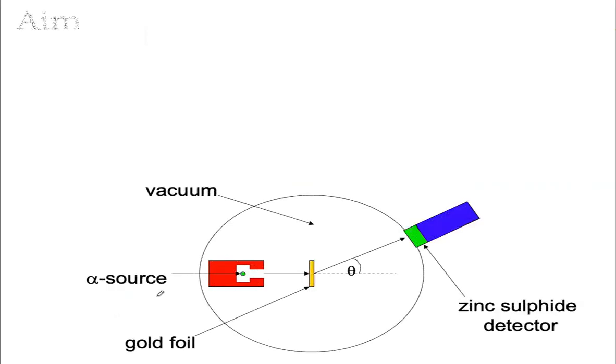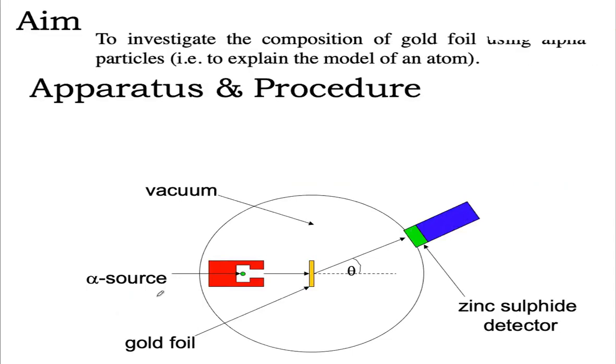So this is the experiment which he designed. The basic aim of designing this alpha scattering experiment is to know what happens when these two atoms interact, how they get scattered, and at which angles.